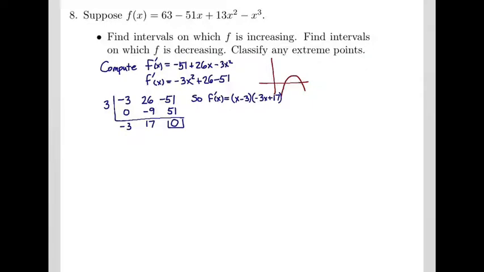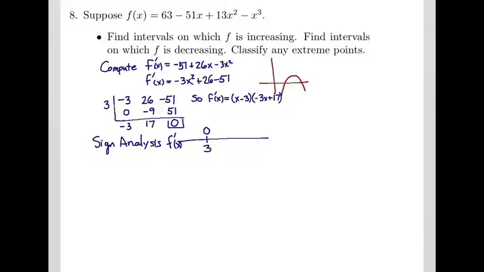Now that I've factored my derivative, I can do sign analysis. I'll look at the factors, and each factor will give me one of the roots. So I know that I have a root at 3 for my f prime function, and I really should label this sign analysis line.